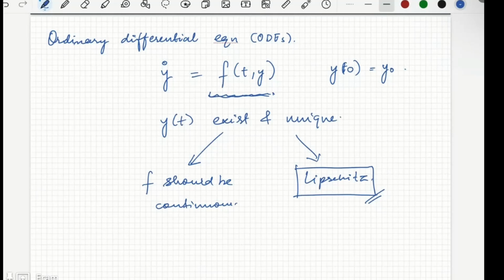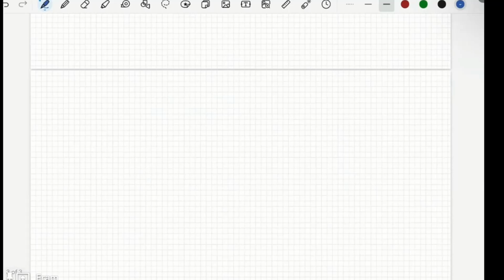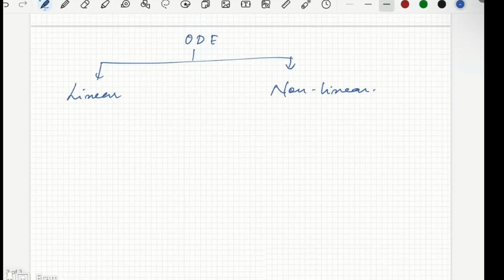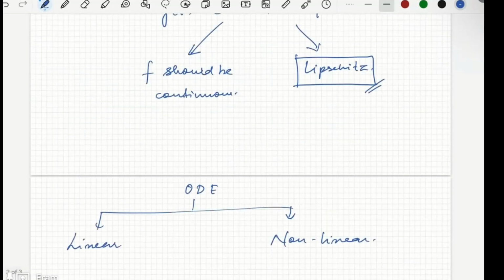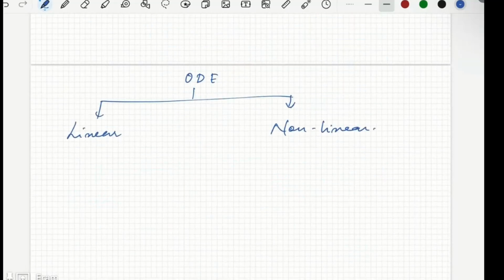And after that, we have also seen when we can say the right hand side is linear or non-linear. So again we can divide the ODEs as linear and non-linear ones. So what property should this function satisfy to have a linear ODE?